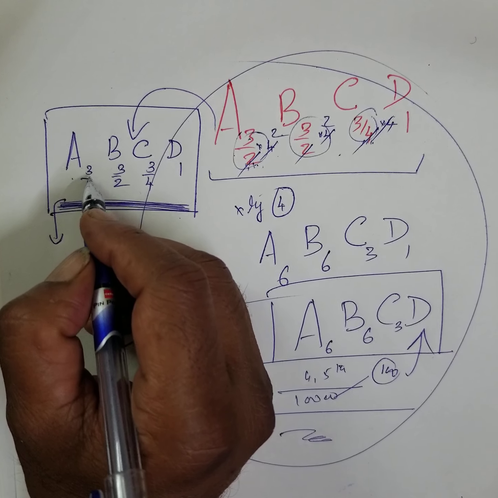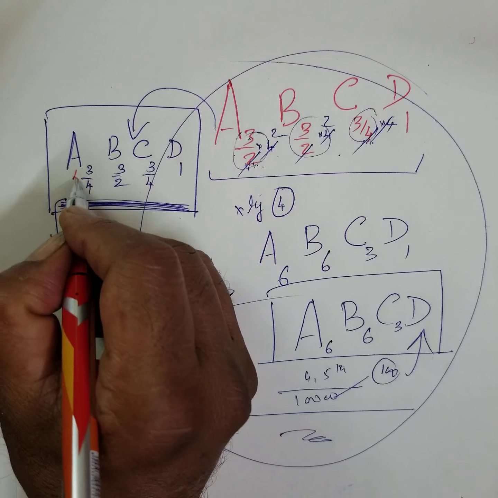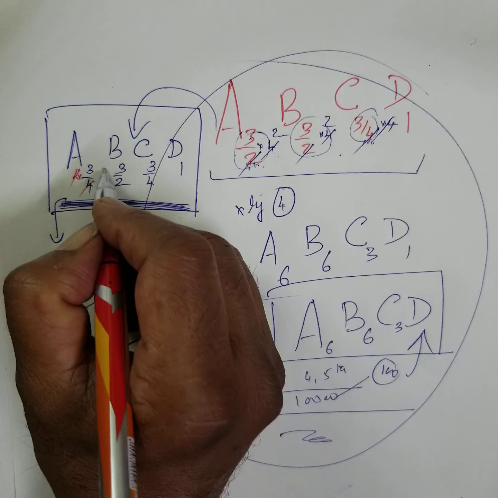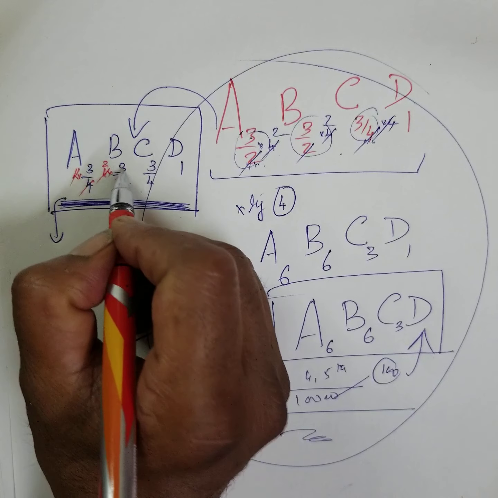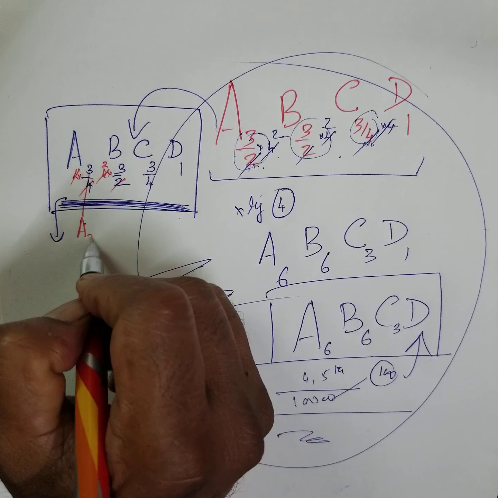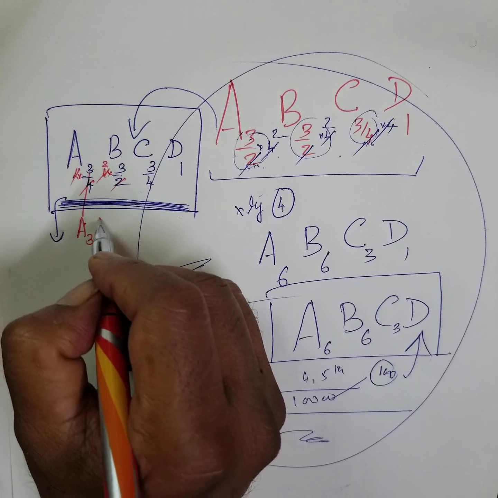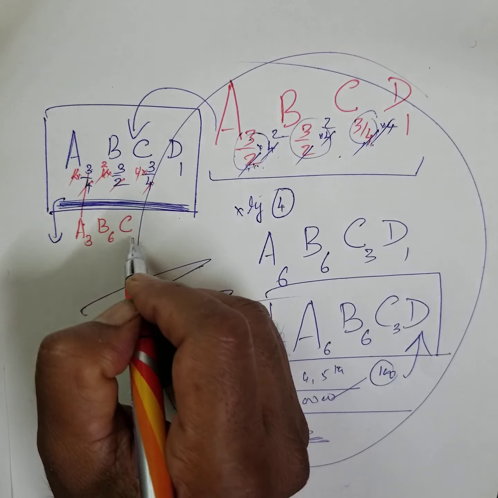Now here what I did, multiply throughout by 4. If you multiply by 4, what will happen? 4 gets cancelled. Here 2, 2 3s are 6. Therefore here, A 3, B 6. If you multiply by 4, what do you get? C 3.